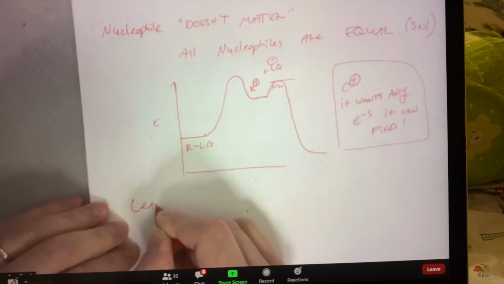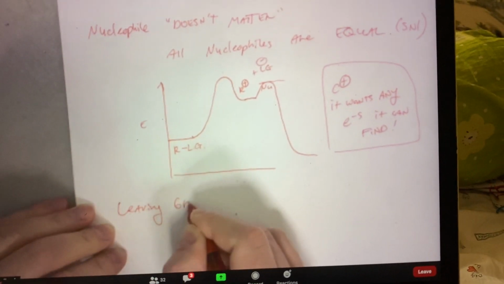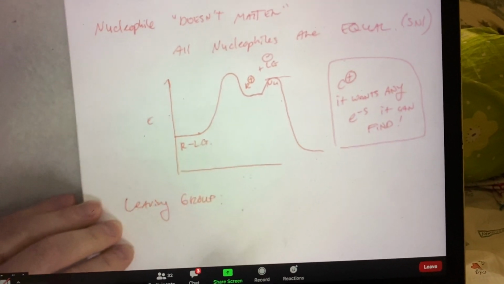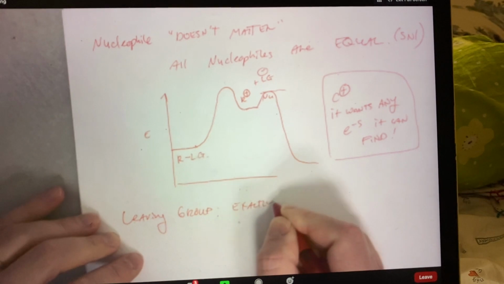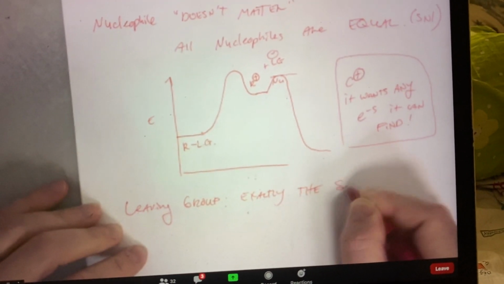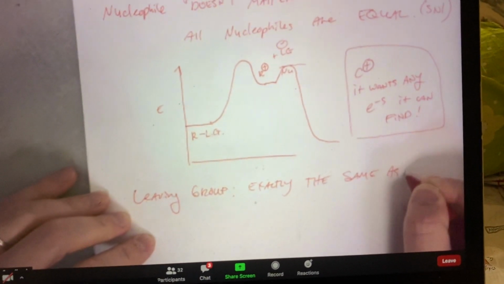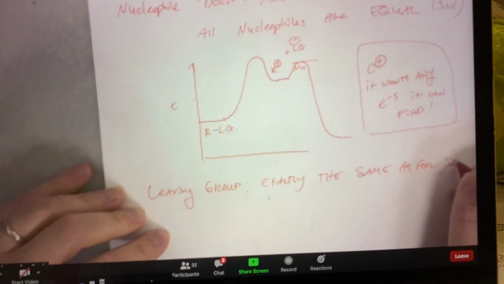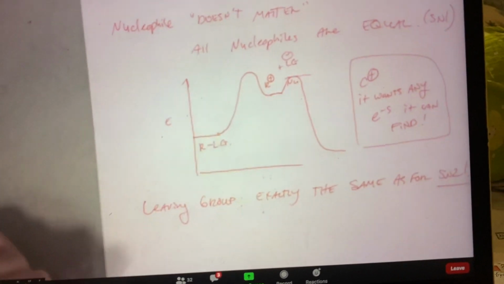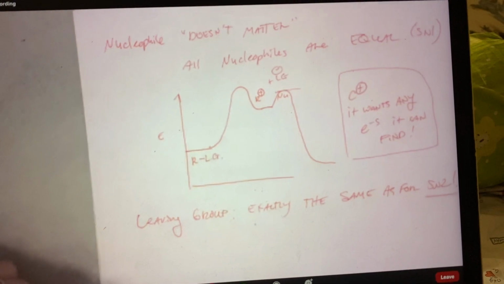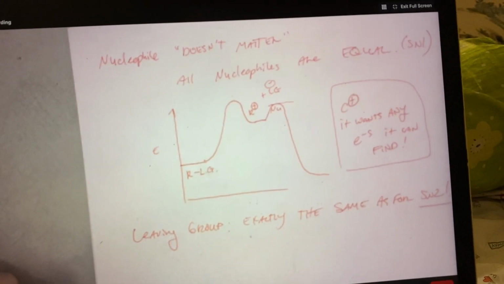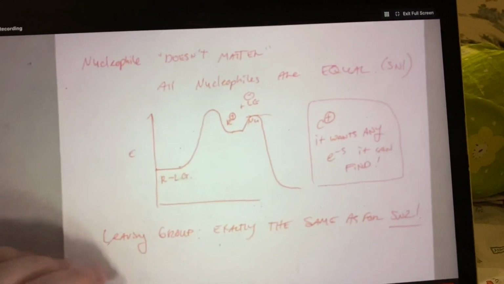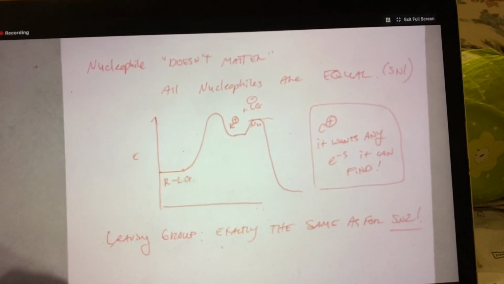Let's talk about the leaving group. The leaving group trend is exactly the same as for SN2. Maybe some of you are breathing a sigh of relief: oh, good, you already know that trend. Maybe some of you are like, well, this is all confusing. Substrate's different, nucleophile's different, leaving group's the same.